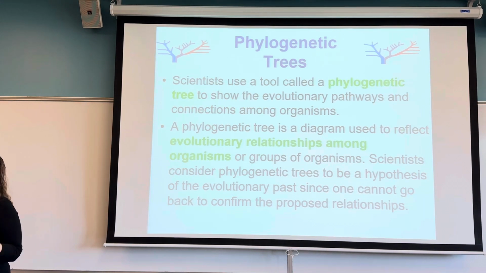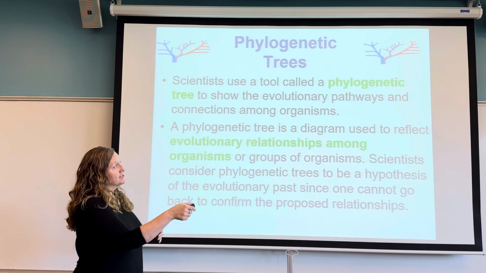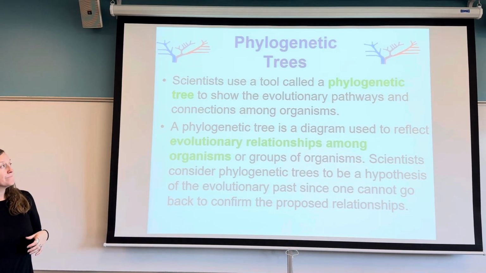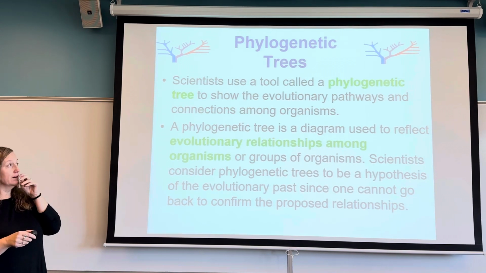Phylogenetic trees, how we show how organisms are related, we put them on these little trees, if you've ever seen them before. We've got a couple of examples up here.